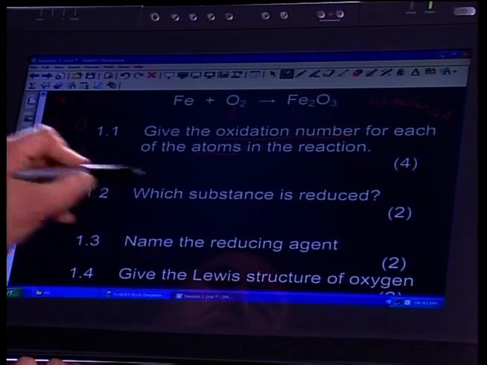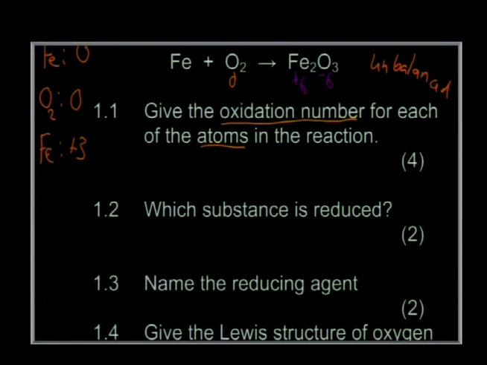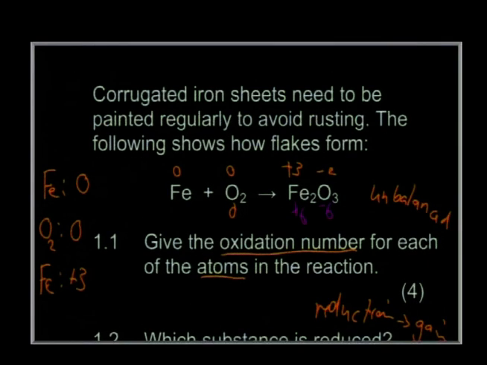So it says to me, which substance is reduced? In other words, which one is undergoing reduction? We want to know where reduction is happening. So reduction, remember, is a gain of electrons. If we look at the oxidation numbers from our balanced equation, we want to see what's happening in each case.